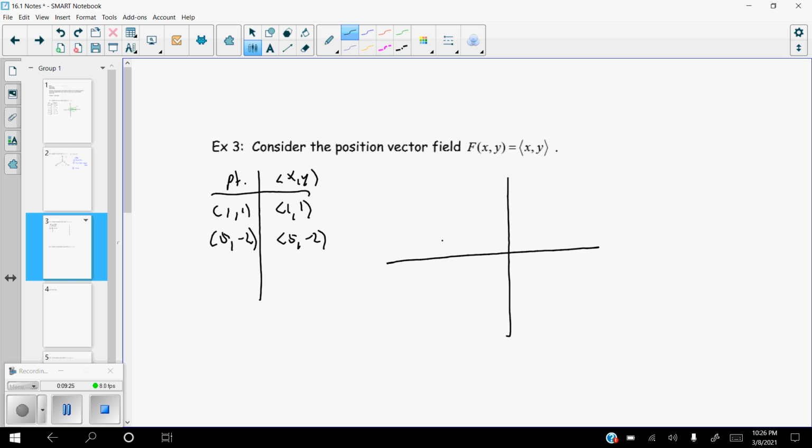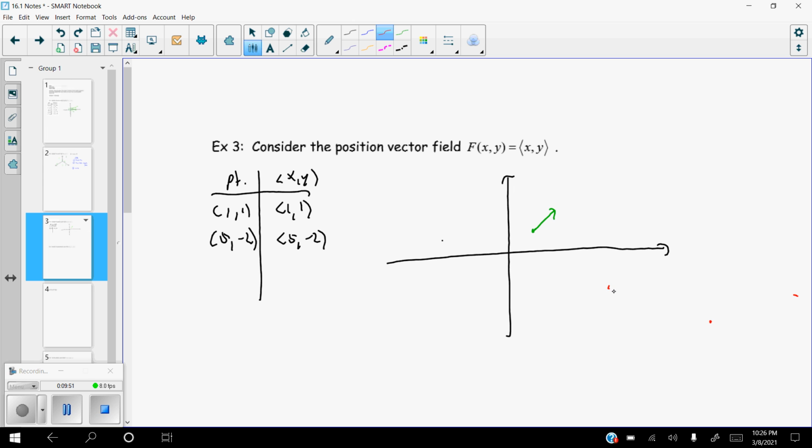So if we were to sketch this, and I were to start at the point (1, 1), which is about right here, it's going to be the vector right 1, up 1. It'll look just like that. And then if we were to go to the point (5, -2), that'll be way out here somewhere, right about there maybe, to start, then we're going to go right 5 units and then down 2 units.